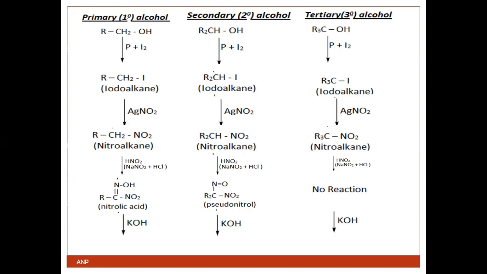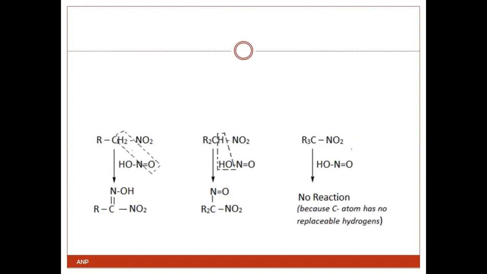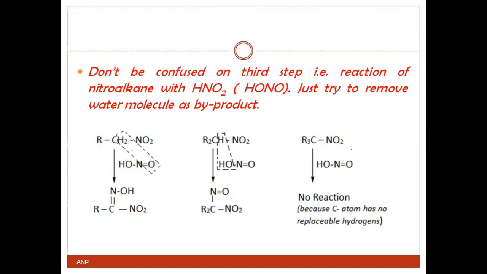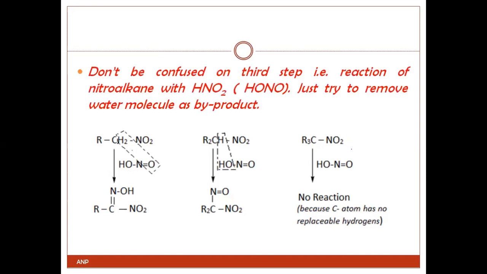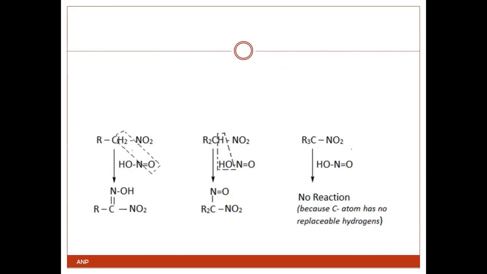So primary alcohol gives red color, secondary alcohol gives blue color, and tertiary alcohol gives no color. This reaction is not possible with tertiary alcohols. So don't be confused on the third step, that is reaction of nitroalkane with HNO2, nitrous acid.